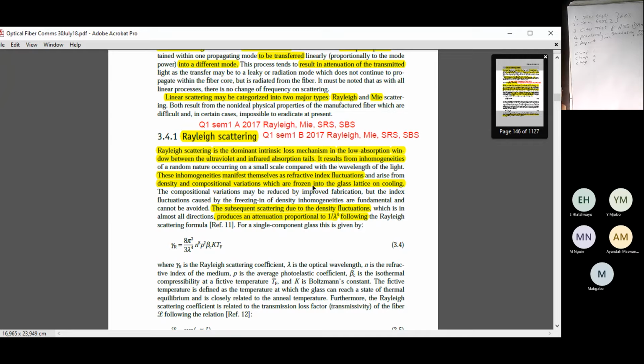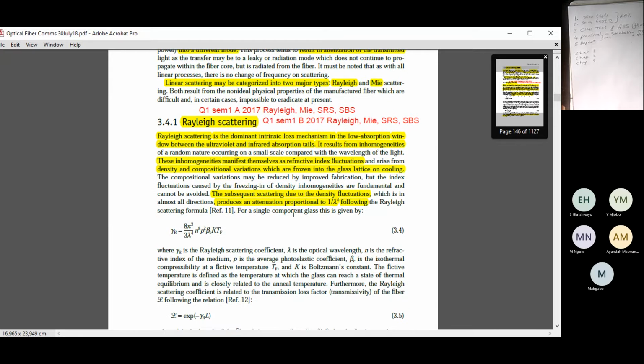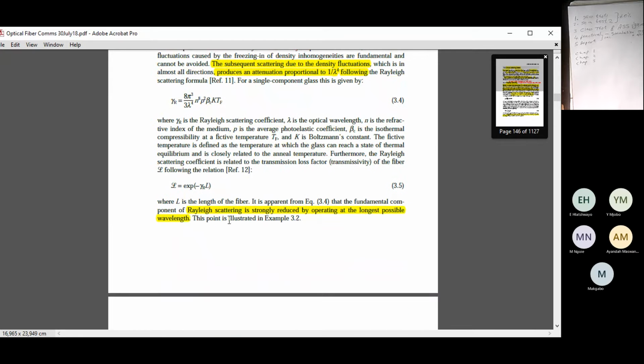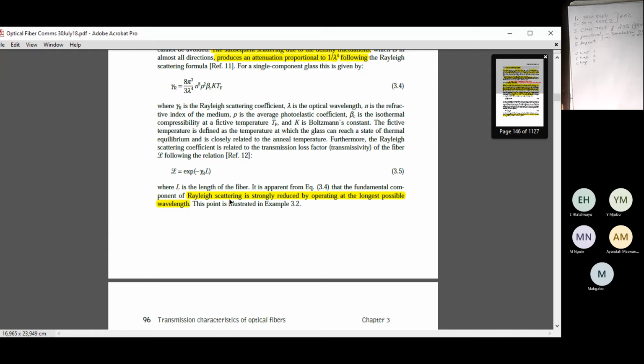These inhomogeneities manifest themselves as fluctuations, and they're frozen in the glass lattice when they cool it. The glass is molten when they make it, but it's frozen into the glass lattice when it's cooling off. Right? Rayleigh scattering is strongly reduced by operating at the longest wavelengths.